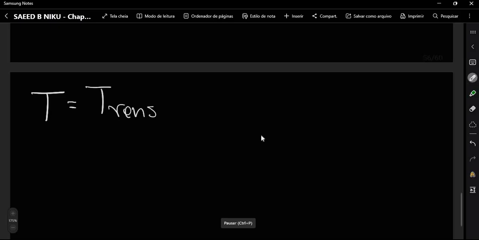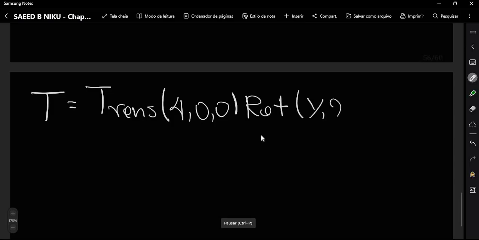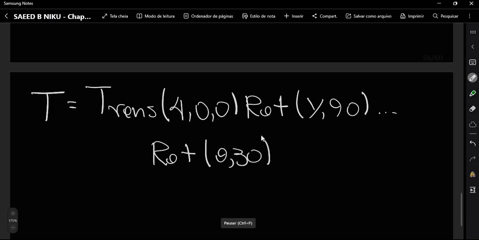So it is a translation of 5 units, a rotation of 90 degrees, a rotation of 30 degrees, and a translation of 4 units.